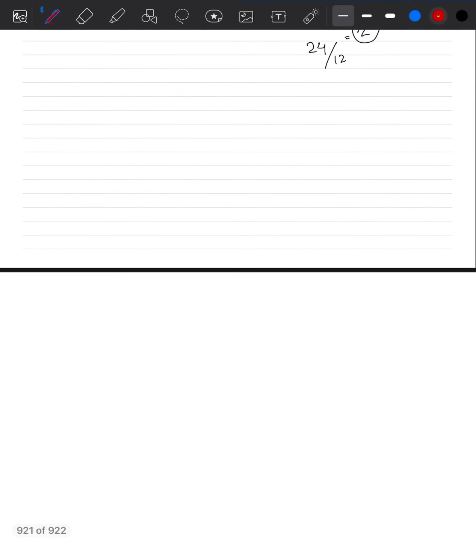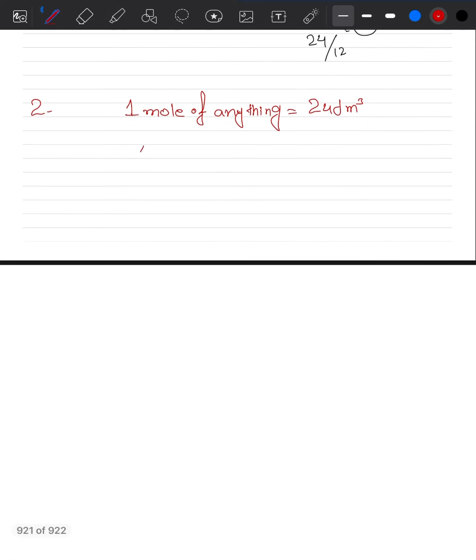The second thing is that 1 mole of anything has a volume of 24 decimeter cube. Let's say we have 1 mole of sodium, 1 mole of glucose, 1 mole of carbon.